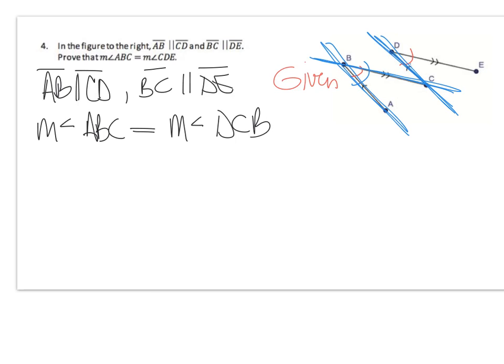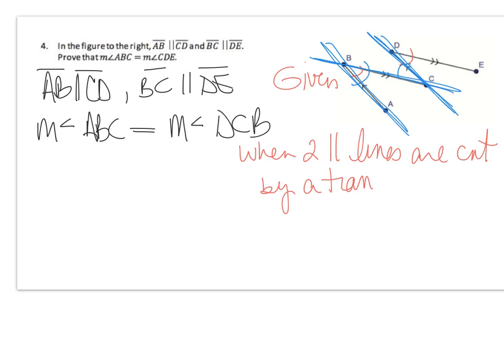So I've got blue and blue. Those are equal because when two parallel lines are cut by a transversal, alternate interior angles are equal.